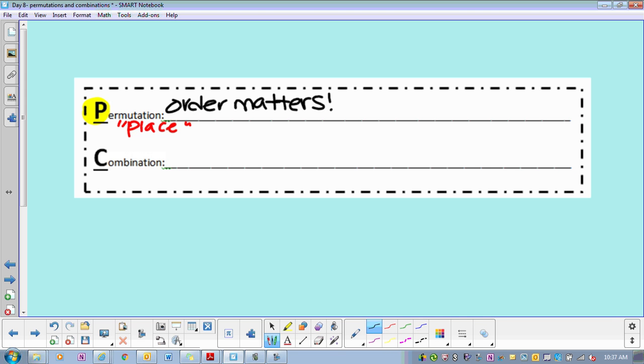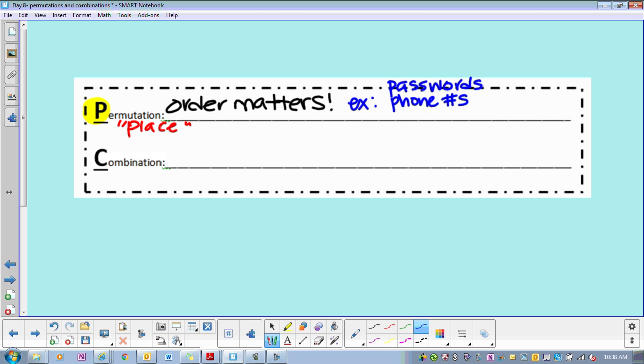These situations are going to be like passwords. Because with passwords, order matters, right? If you put in the wrong password order, are they going to let you log in? No. Don't phone numbers, doesn't the order matter? If you call the wrong phone number, you're trying to order some pizza, and you call the wrong number, can you order pizza? No. You gotta have the right order of numbers, right?